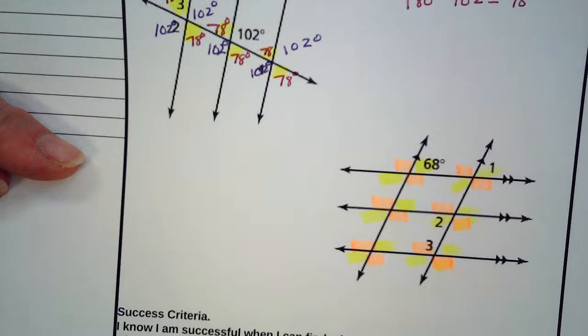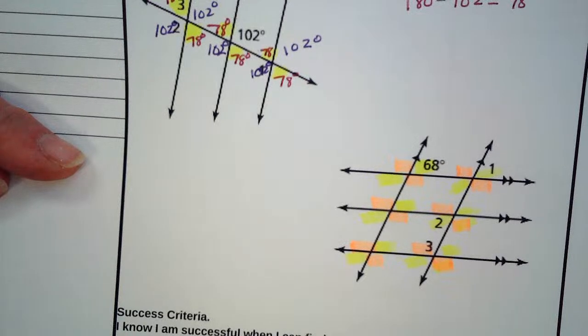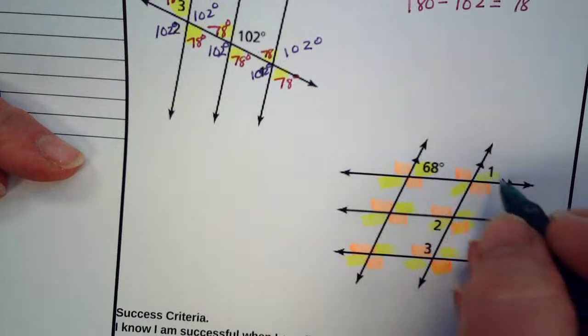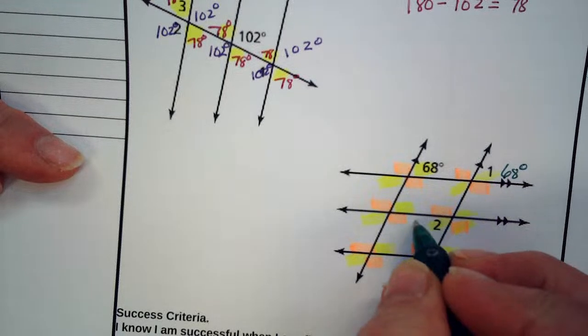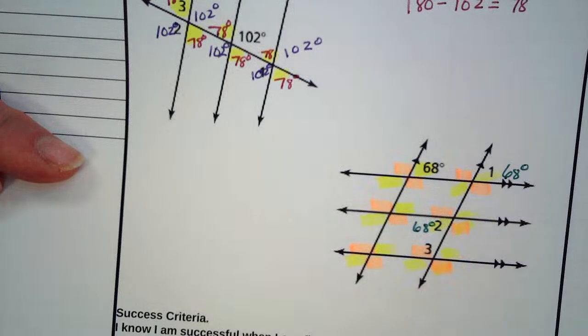Everything that's yellow is 68. So 1 would be 68 degrees, 2 would be 68 degrees. What about 3?